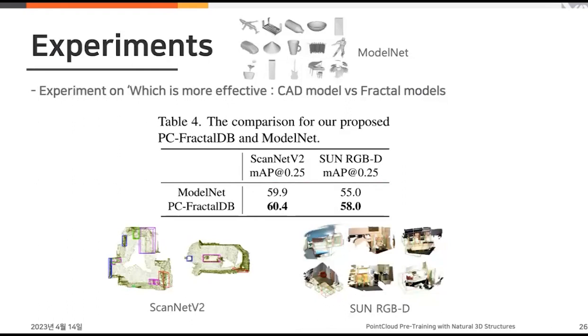And in this case, it compares the fractal model with the CAD model. A CAD model in this case is not a natural scene; it's an actual object. So I'm wondering how fractal models can be compared with this man-made object model.